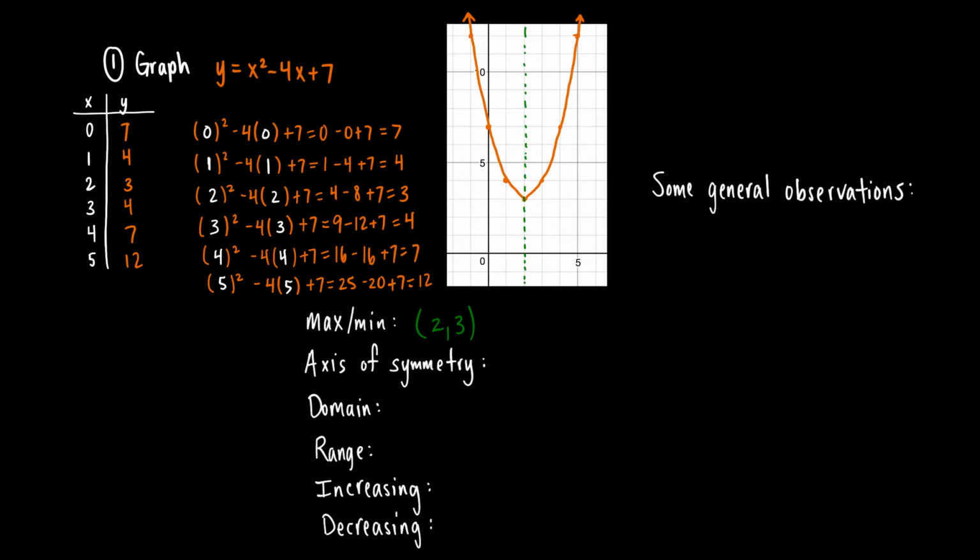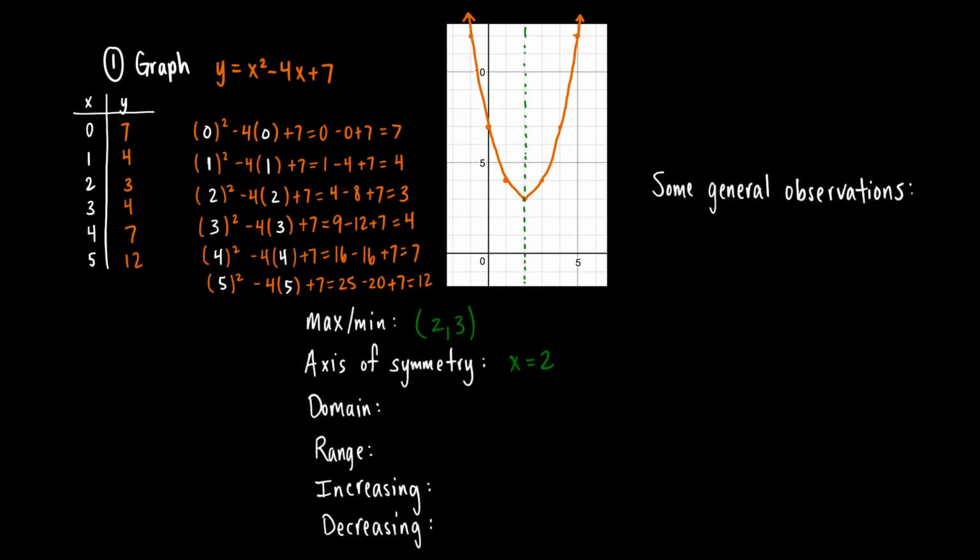When they ask for the axis of symmetry, they're just asking for the equation of that line that I just drew there. So that dotted green line, the equation of that line would be x is equal to 2. It's just a vertical line, and it happens to be right here at 2 for x. So that's the equation for your axis of symmetry.